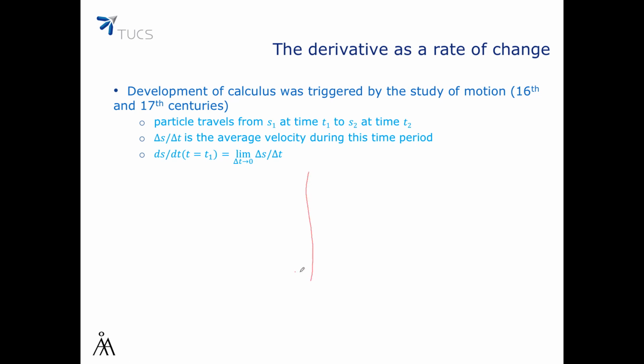So we could have a plot like this, where here we would have S, and here we would have the time t. And this particle travels from S1 at time t1 to point S2 at time t2.